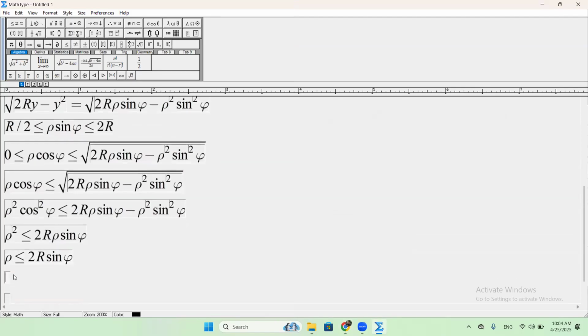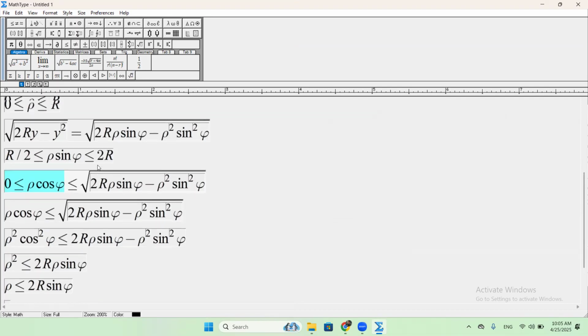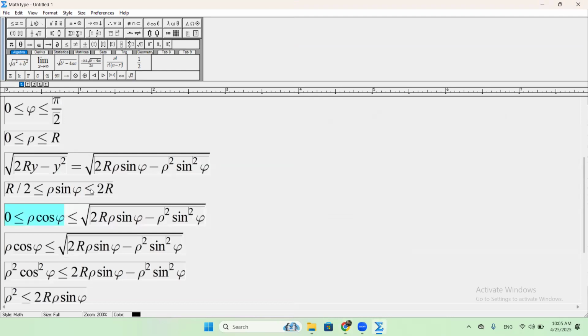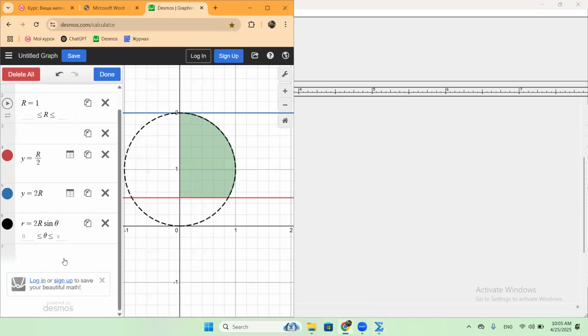And what else? Yeah, by the way, what about these equations? So rho sine of phi equals to rho. Yeah, let's plot and solve graphically.